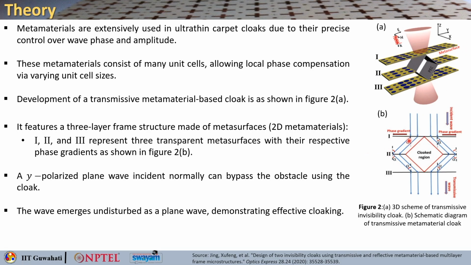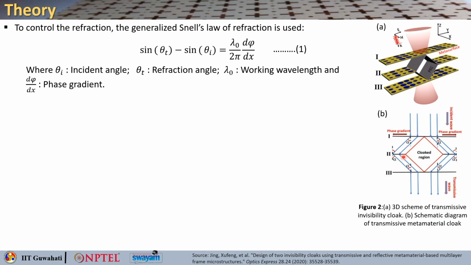These are basically the angles, alpha, and then this is the refraction angle, the transmitted angle from this metasurface, and then you have another metasurface over here which bends it down this way, and then again it transmits as if nothing has happened in between, and you just have the parallel rays coming out, right. So, all those things are possible because now you are able to control the refraction using metasurfaces.